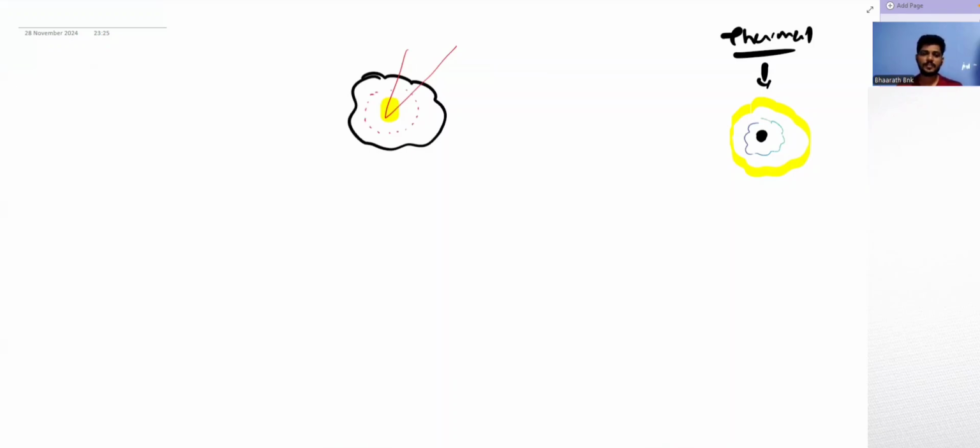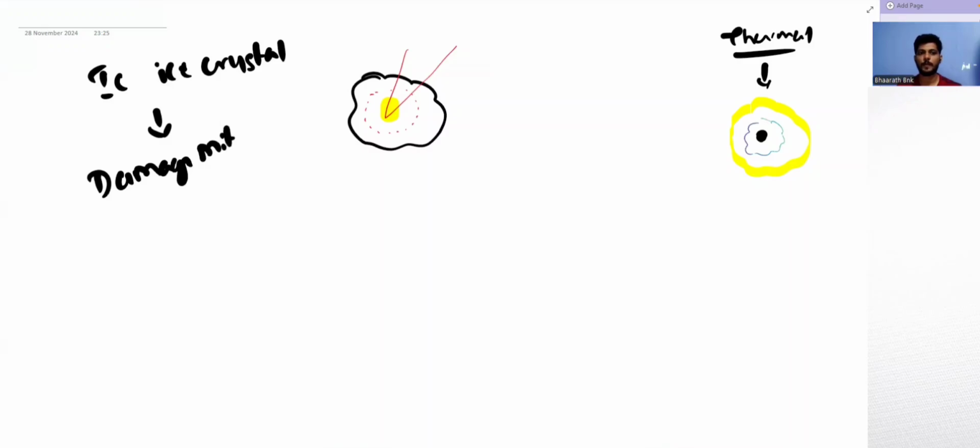The ice crystal formation is not so much that it can cause immediate cell death. Now what happens in those cells is, as intracellular ice crystal has formed, if it cannot damage the plasma membrane, it still has the capacity to damage the mitochondrial membrane. And as soon as it causes damage to the mitochondrial membrane, there is release of caspases.